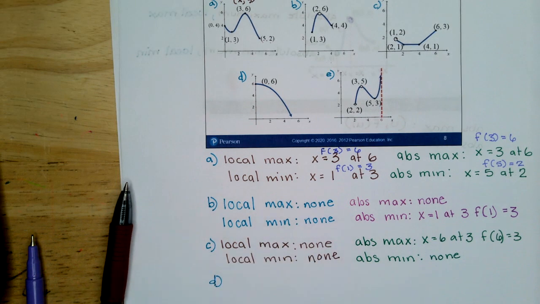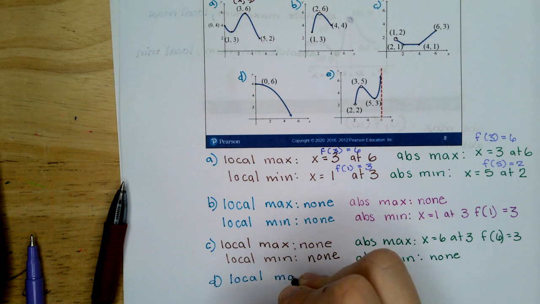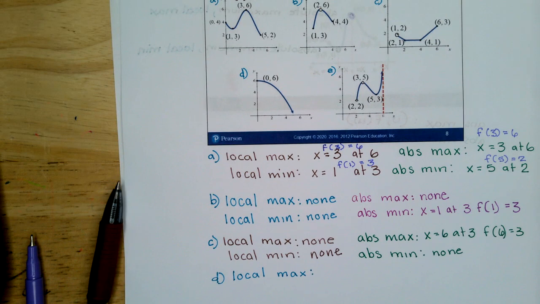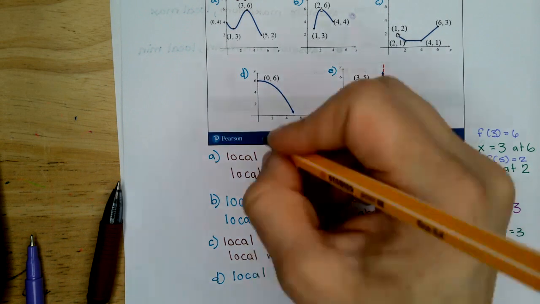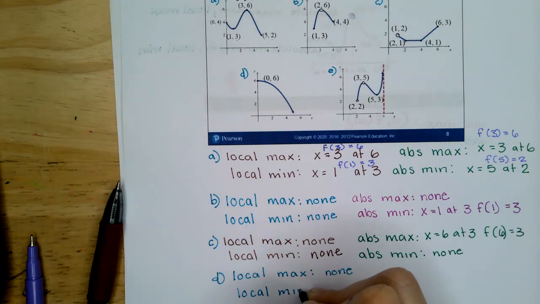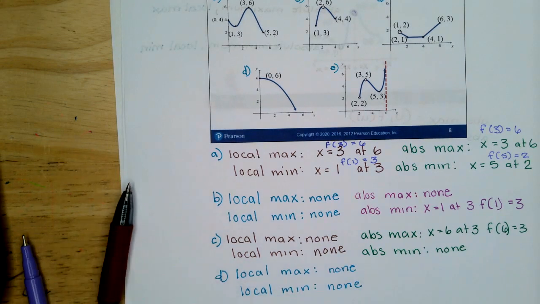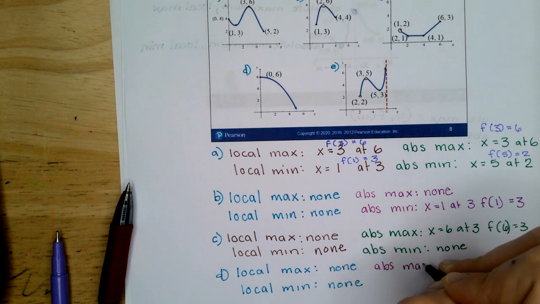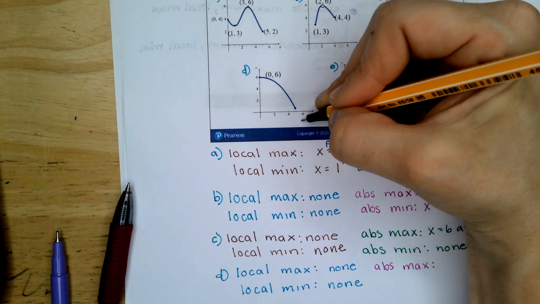D. Is there a local maximum? There is none because there is no hill. Local min. There is no valley, so there's none. Absolute maximum, there is. Even though that arrow goes down forever, it means forever in that direction.